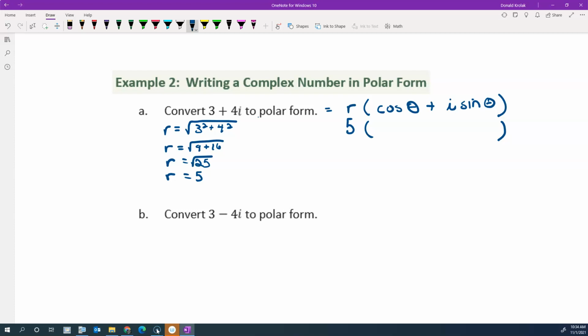Now when you're figuring out the angle, you have to do a little bit of thinking before you put it in your calculator.